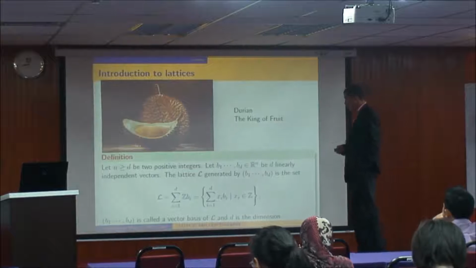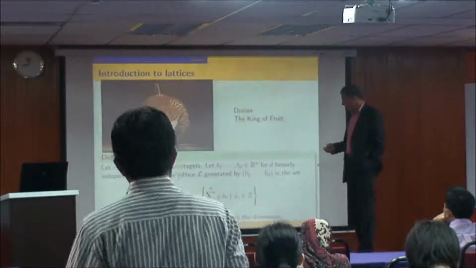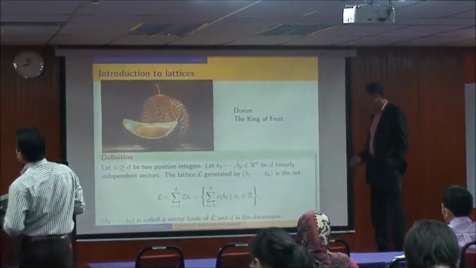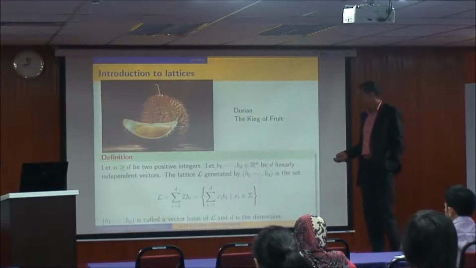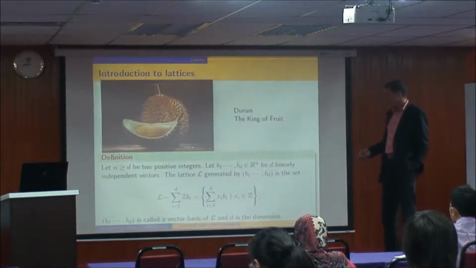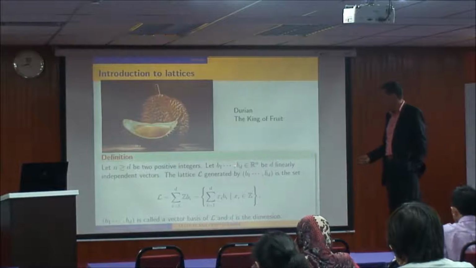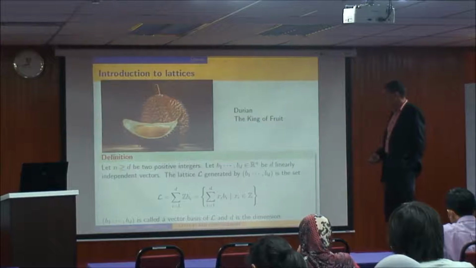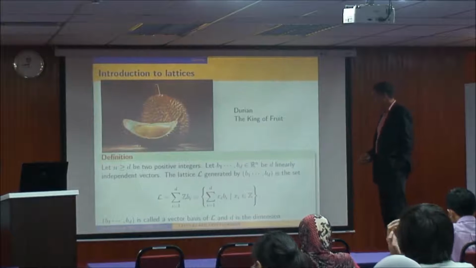So, from the mathematical point of view, a lattice is a space, like a vector space. You have two parameters n and d, two positive integers, and d vectors b1, b2, and so on till bd, and these vectors are linearly independent.